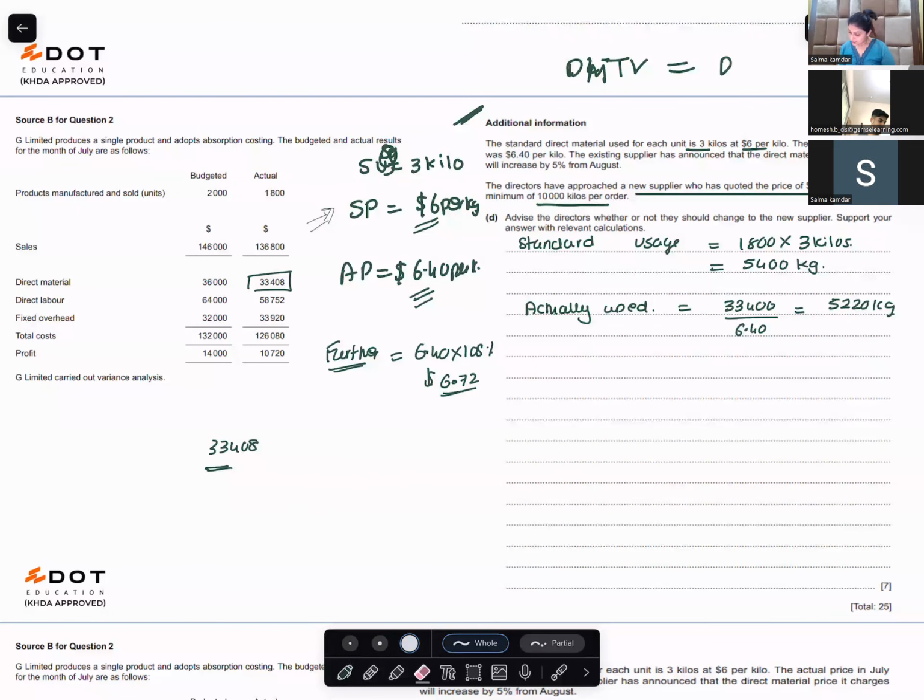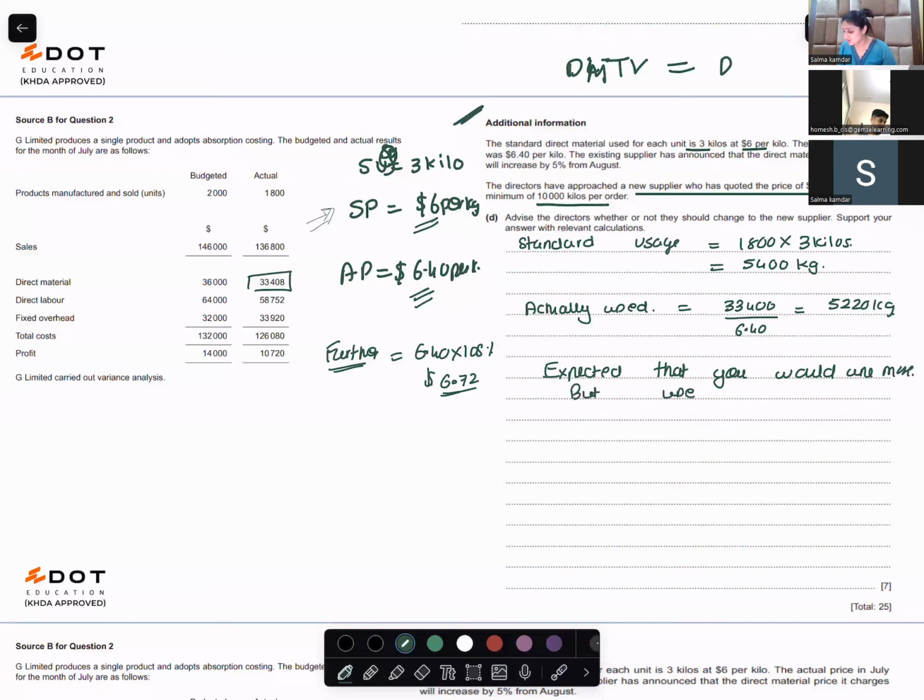Your standard usage was 5,400 kilos, but you actually used 5,220 kilos. You expected that you would use more, but you use less.